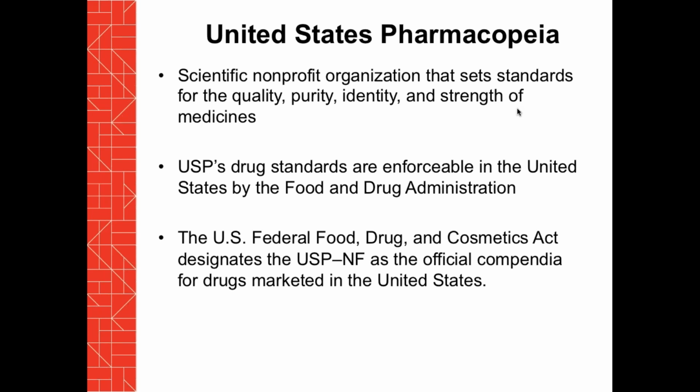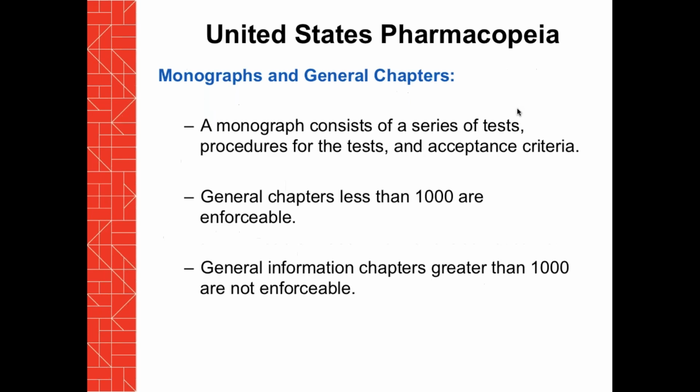The USP's drug standards are enforceable by the FDA, and the U.S. Federal Food, Drug, and Cosmetic Act designates the USP as the official compendia for drugs marketed in the United States. In general, we know that the monographs consist of a series of tests, procedures for those tests, as well as acceptance criteria.